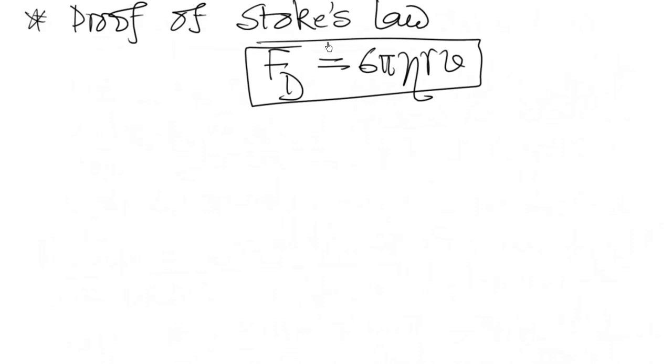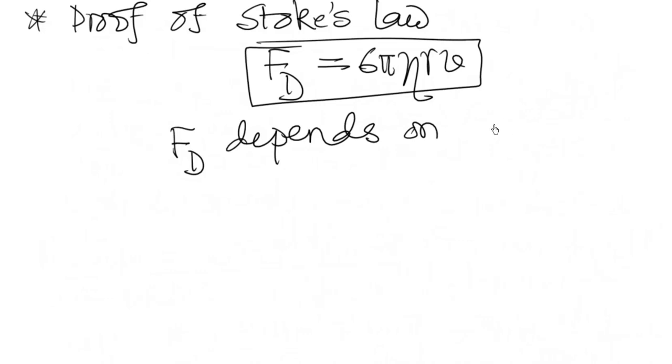Okay. It can be reasonably assumed that the opposing force, the drag force, depends on eta. If you consider a spherical body, then its radius, and on the relative velocity of the object with respect to the fluid.